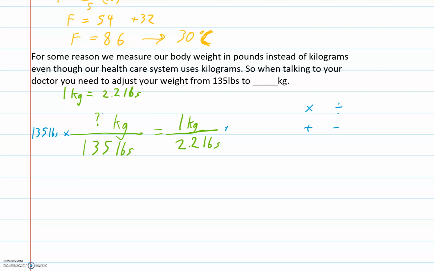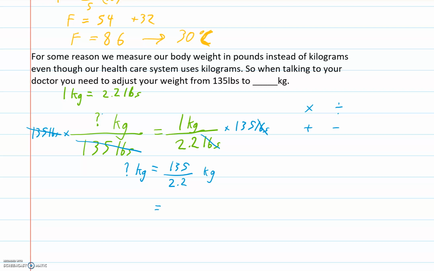And if we multiply by 135 pounds on one side, we do it to the other side. 135 pounds cancels with 135 pounds. Pounds cancels with pounds. And now we are left with our unknown number of kilograms equals 135 times 1 is just 135. So let's just leave that as 135 divided by 2.2. And this is all in kilograms.